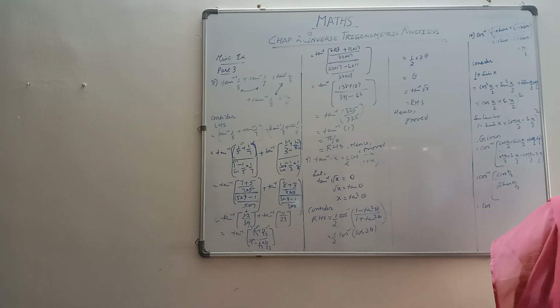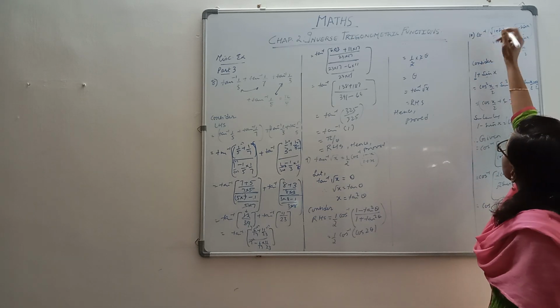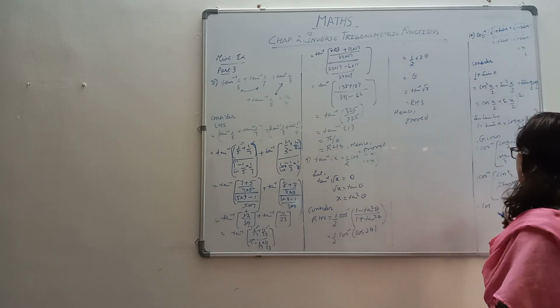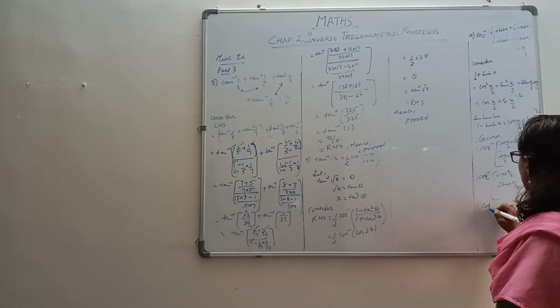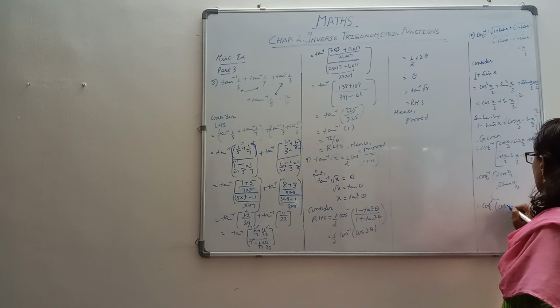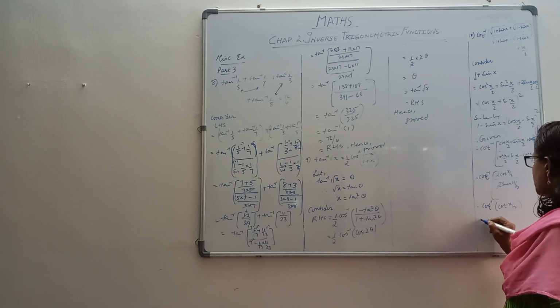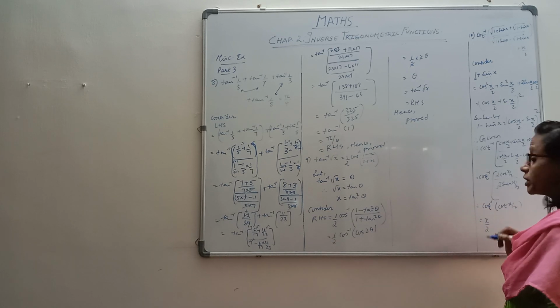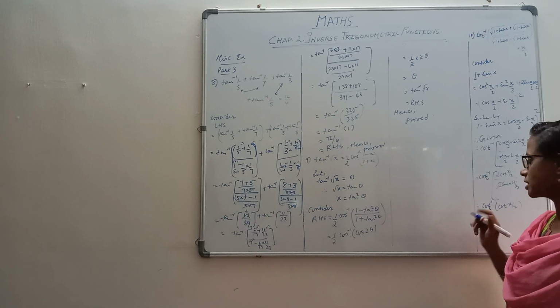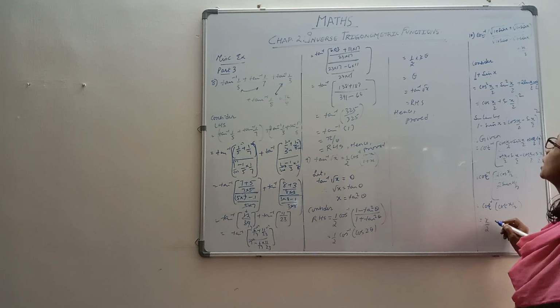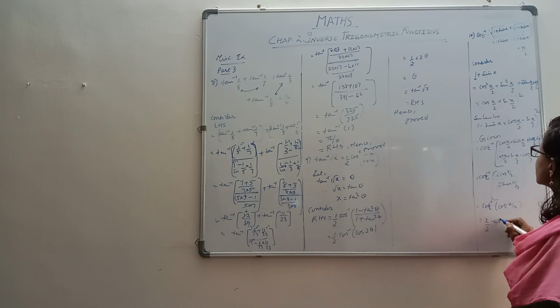I should check, it is not cos, it's cot. So all this is cot inverse of cot x by 2, which we all know is x by 2. They have given us a domain, and we can check that it comfortably lies in the domain. That is why this is possible. And this is exactly our RHS.